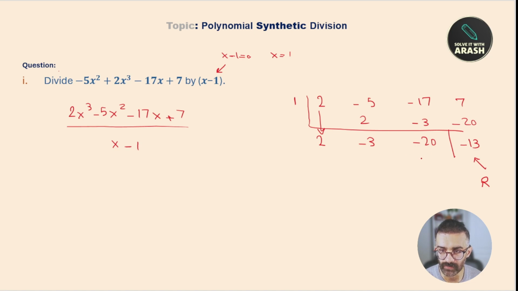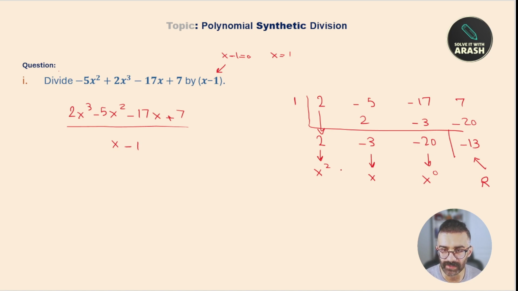And these are the coefficients of the quotient. Since the leading degree of the dividend was 3 and we divided it by x, the leading term of the quotient must be x squared. So this is the coefficient for x squared, this is the coefficient for x, and this is the coefficient for x to the power 0, which is technically the constant term.